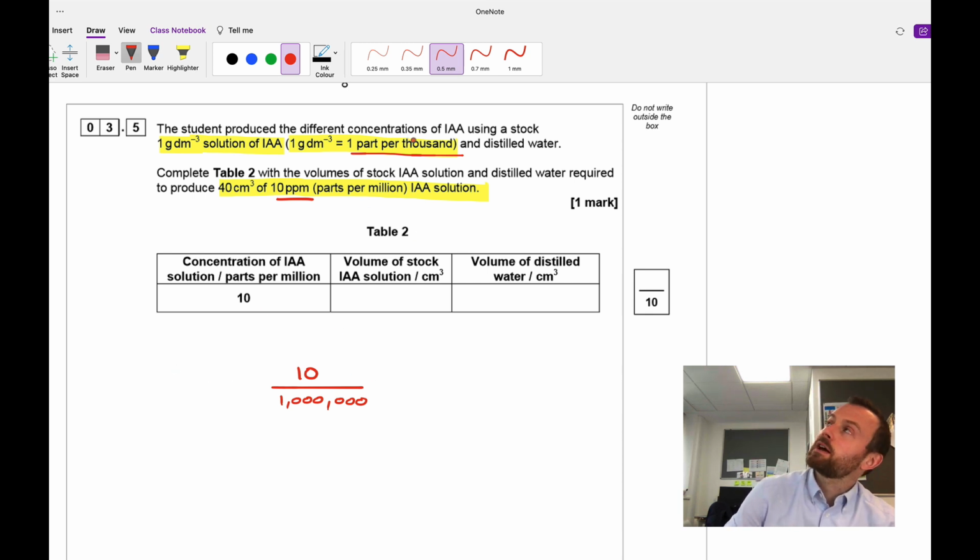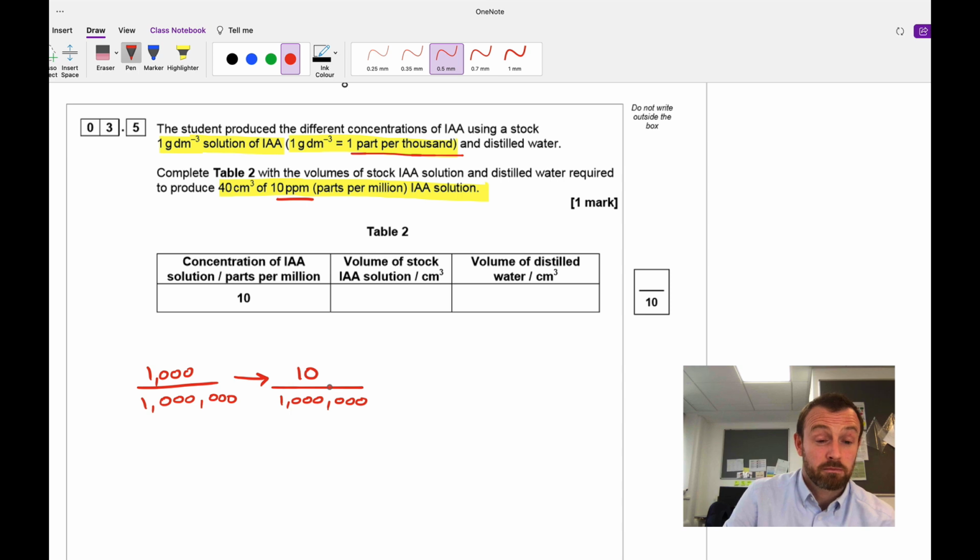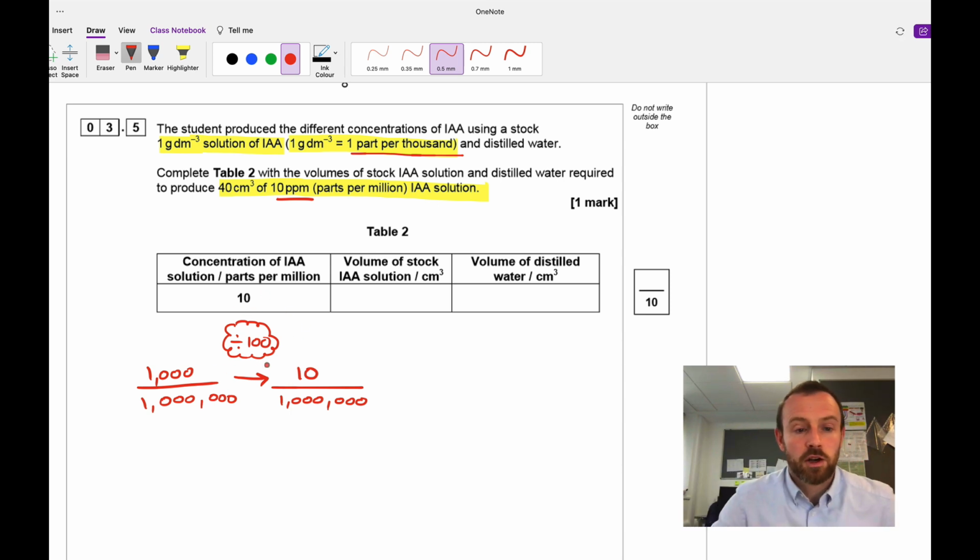So 1 part per 1,000 is equal to 1,000 parts per million, because 1,000 times 1,000 is a million. So what we're doing is going from 1,000 parts per million to 10 parts per million. So we're diluting that 100 times, okay? Dividing it by 100. So that's the first numeracy thing that you need to do, work out the actual dilution. So 100 times dilution.